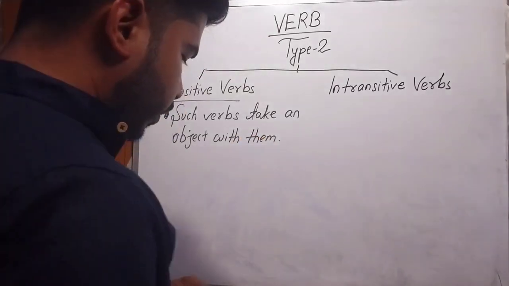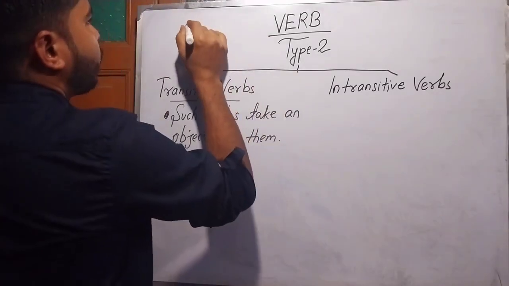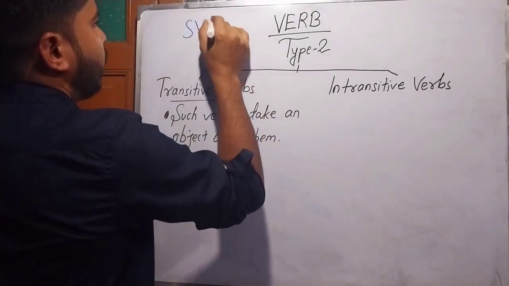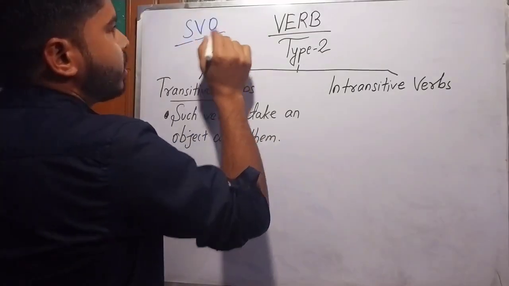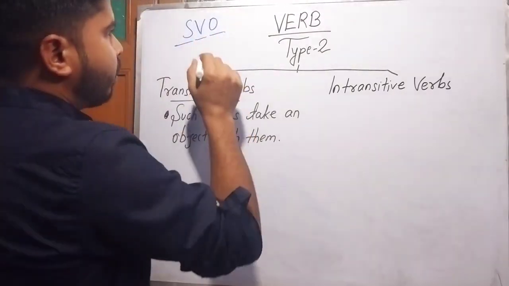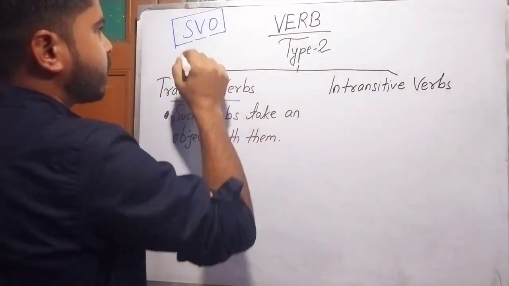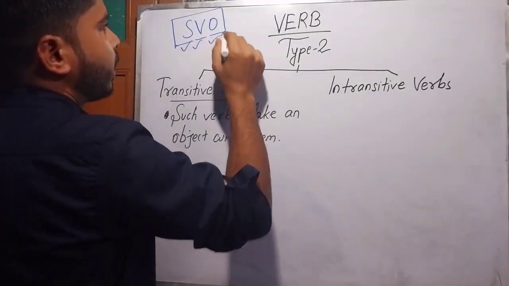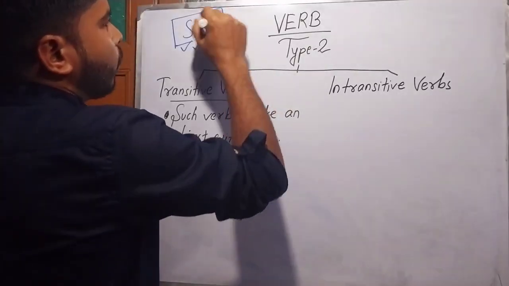And all of you already know that every sentence consists of the SVO pattern. That means subject, verb, object pattern. In every sentence, you will have subject, verb, and object. At first, you will have the subject, then the verb, and then the object. Okay. And there can be more than one object.